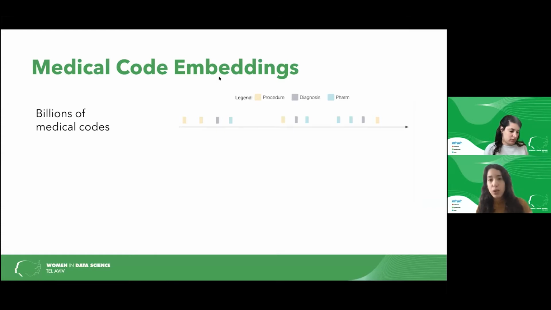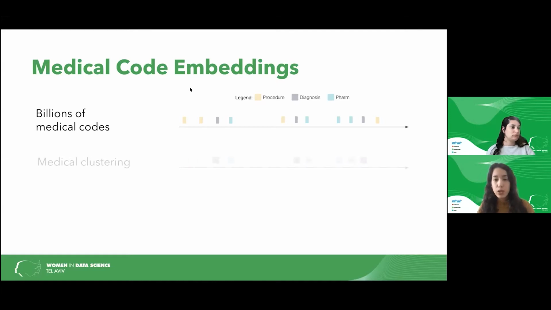So I want to show you a suggestion on how to attack this new data, and you can use this solution for any sort of time series data you have in your job. The concept is called medical code embeddings. It might be very familiar to you from word embeddings. We have billions of medical codes, and we can treat them as a time series of procedures, diagnosis, and pharmaceuticals, for example.